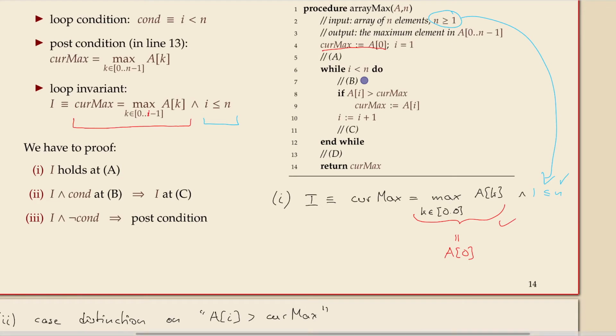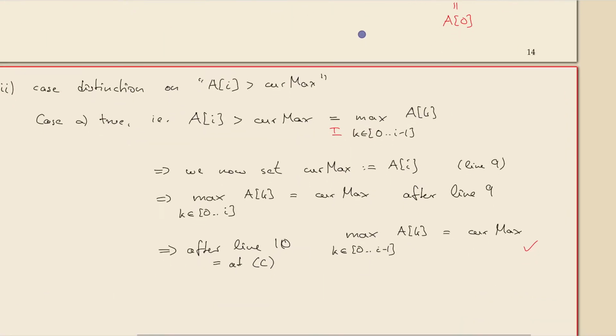We know at B that the loop invariant was true, but we know more. We also know that the condition was true, the loop condition, otherwise we would have left the loop. So at this point, I was strictly less than n. The loop invariant only says less or equal, so this strictly less is stronger.